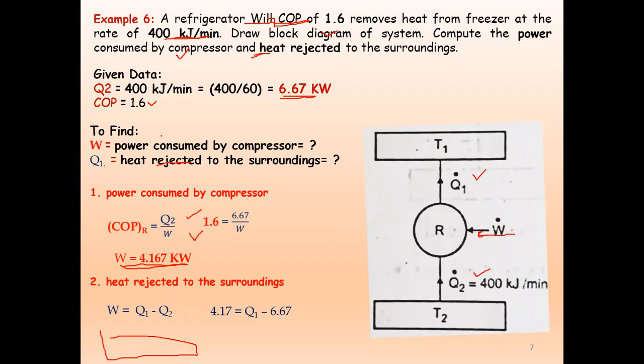And we have only 2 to 3 formulas: the efficiency of the engine, the COP of the heat pump, the COP of the refrigerator, and W is equal to Q1 minus Q2. Otherwise, there are no other formulas. Okay, so this is all about the numericals or problems based on heat pumps, refrigerators, and heat engines.